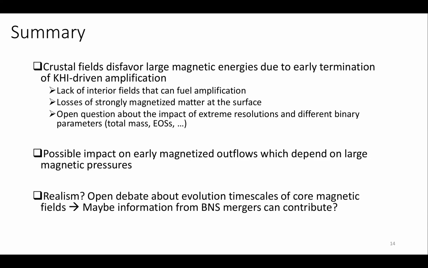So I've seen a couple of papers, and not that many. Maybe somebody knows more than me, but the timescales on which these core magnetic fields evolve can change by orders of magnitude. So there are also people that claim that core magnetic fields will persist for a long time scale, will not be removed from the core.